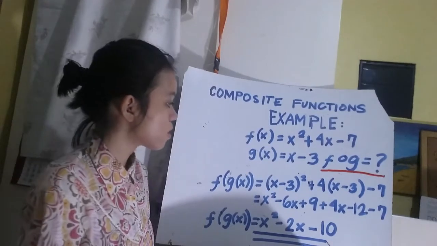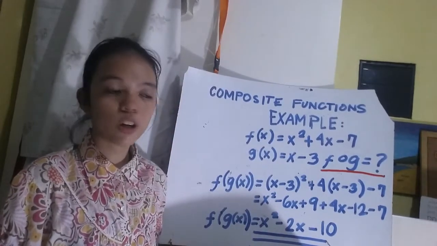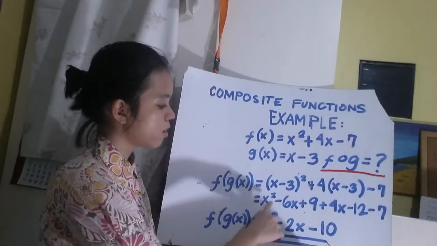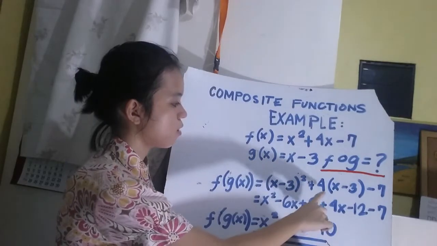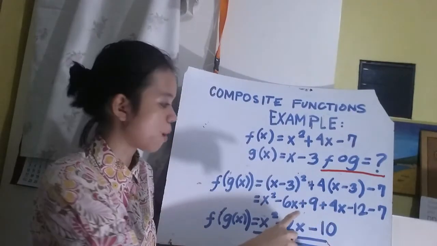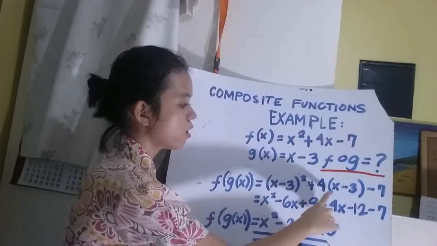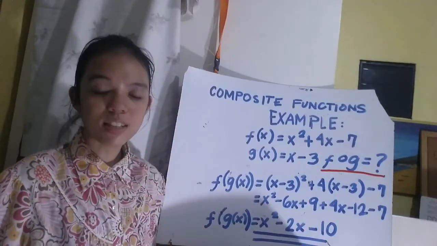So we're going to use the FOIL method, or you can use the shortcut version of this. So we have x squared minus 6x plus 9, and then we're going to have the distribution property. So 4 times x equals 4x, and then 4 times negative 3 equals negative 12, and then copy negative 7.